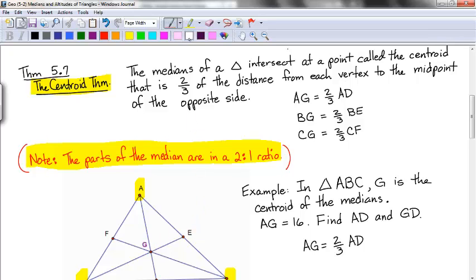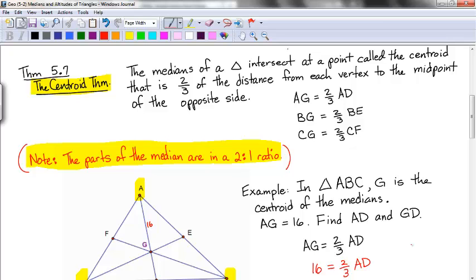If that's true, and it says AG is 16, find AD. Okay? So AG is 2/3 of AD. We want the whole thing. They're giving us AG. Okay, so substitute in. 16 equals 2/3 of AD. And I want to solve for AD.